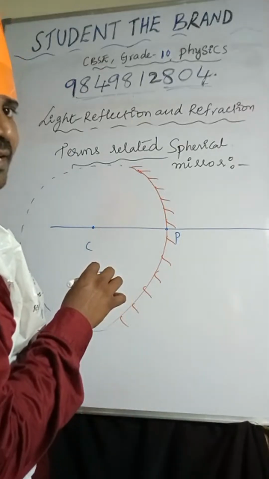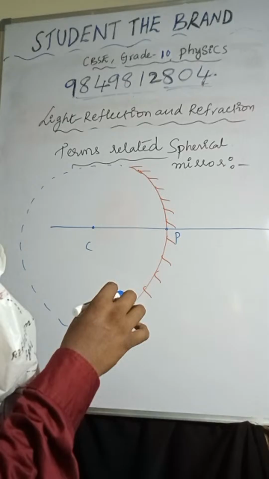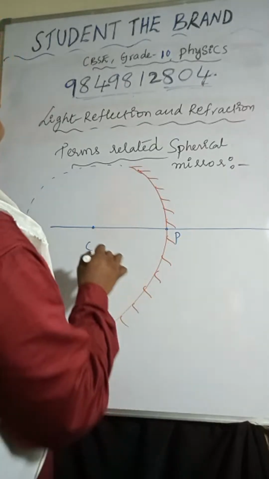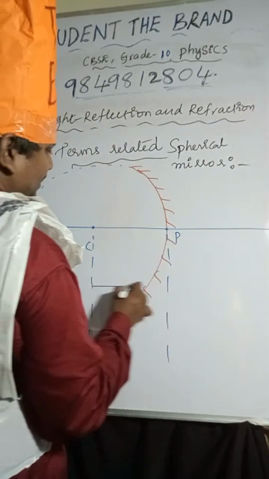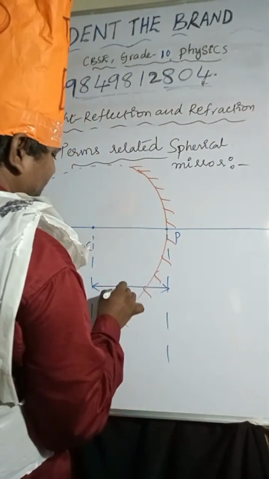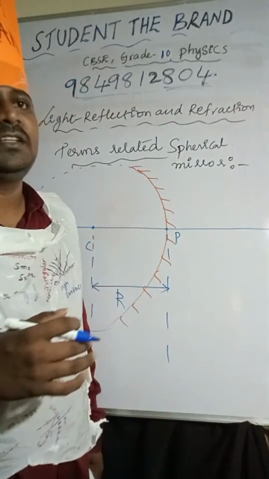The distance between center of curvature and pole is called radius of curvature.